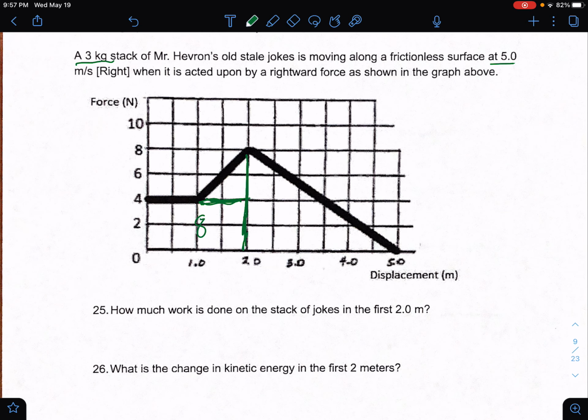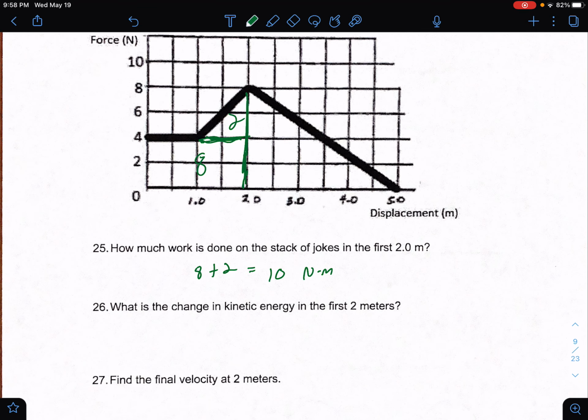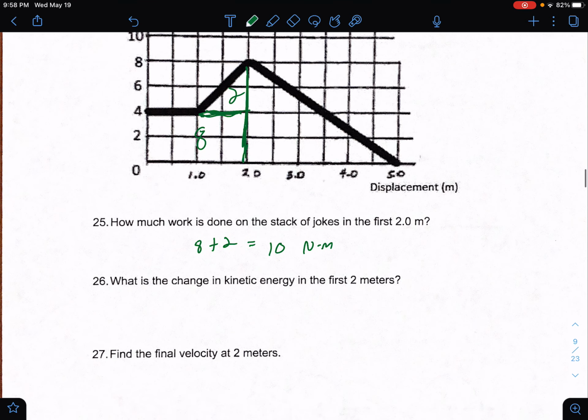So you get 8 and 2. So you just do 8 plus 2, and that gives me 10 newtons times meters. What is the change in kinetic energy in the first 2 meters? Work, change in kinetic energy, potential energy is all area under the graph, under the curve. It would just be the same, 10 newtons meters.